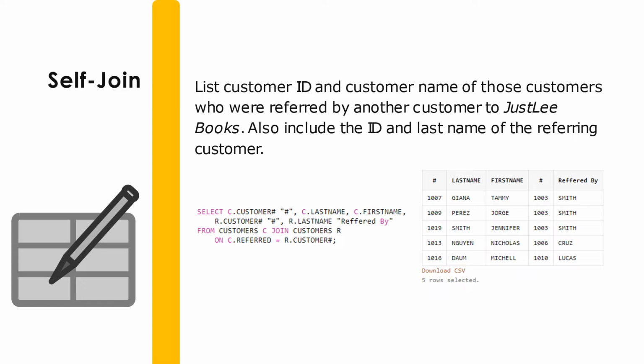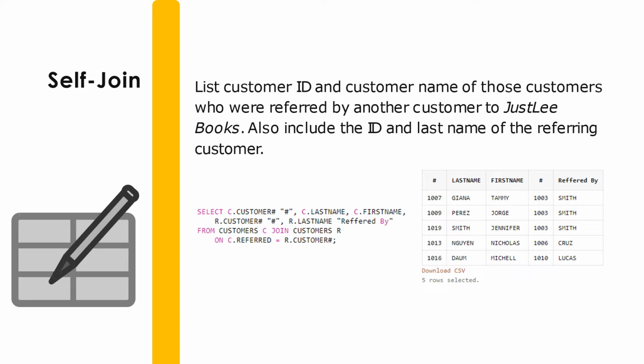Again, we need to use table aliases for us to prevent ambiguity. We use the table alias C for the customers and the table alias R for the referring customer. And we are getting the following information. For the customers, we're selecting the customer number, customer's last name, and the customer's first name.